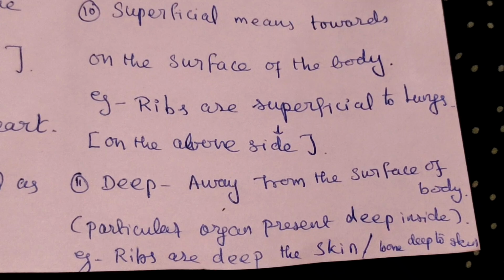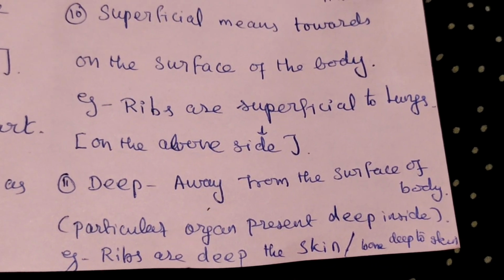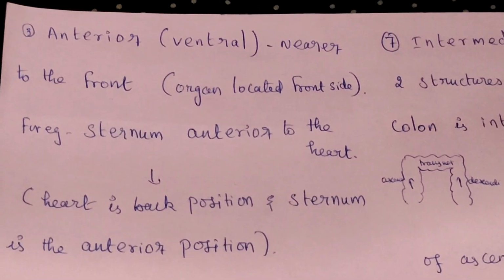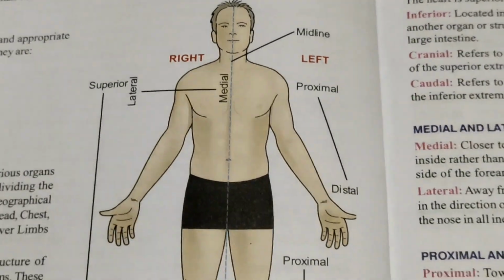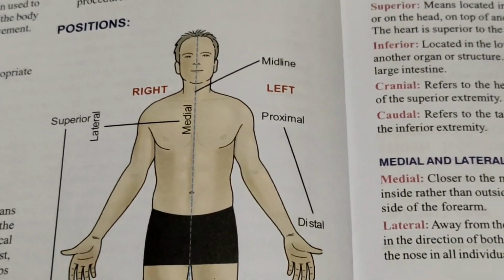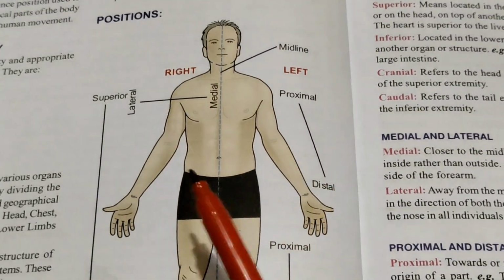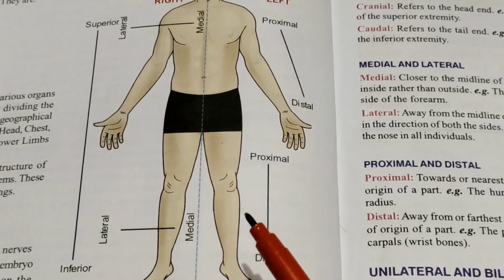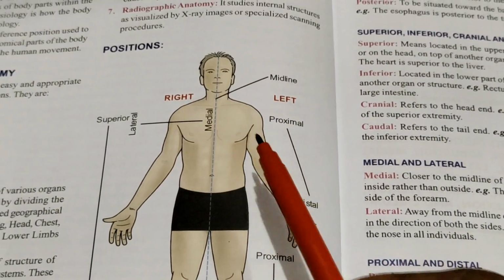For example, bone is deep to the skin. So these are the terms based on position: right side, left side, superior, inferior, proximal, distal.